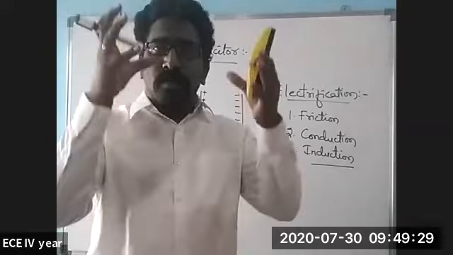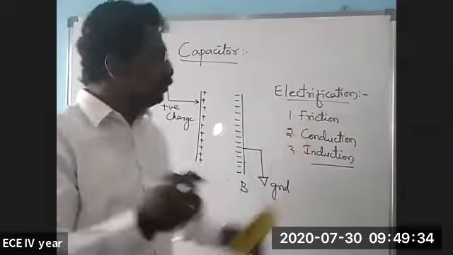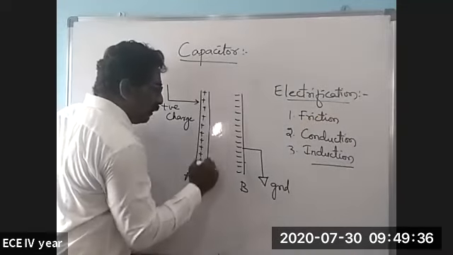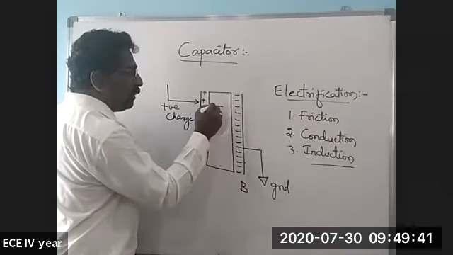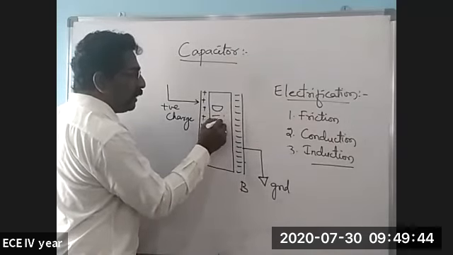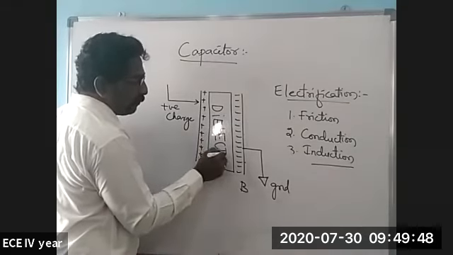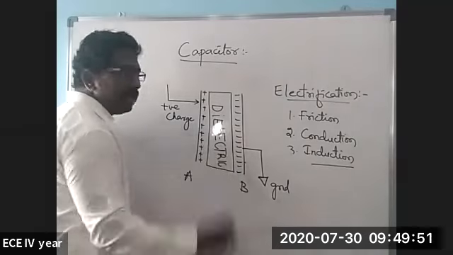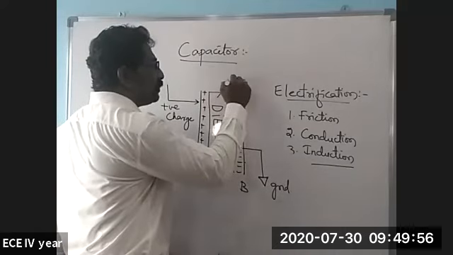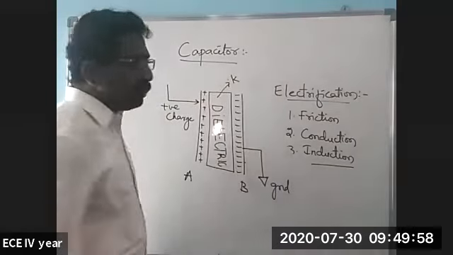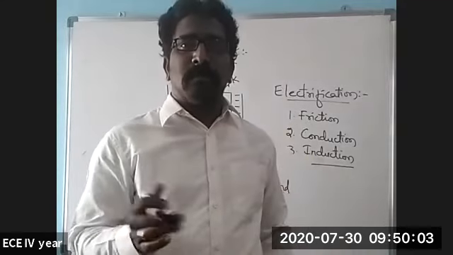So in order to protect the charge accumulated on plate A and plate B, I place a material which is called a dielectric material or an insulator. This dielectric material is denoted by K. Because of this dielectric material only, your capacitor will hold the charge between the two plates.